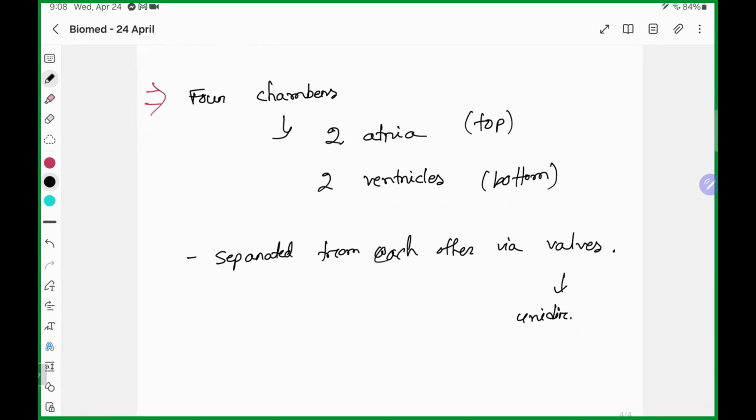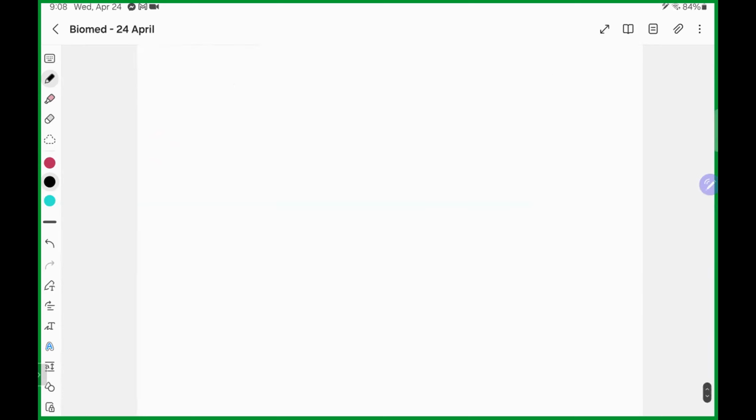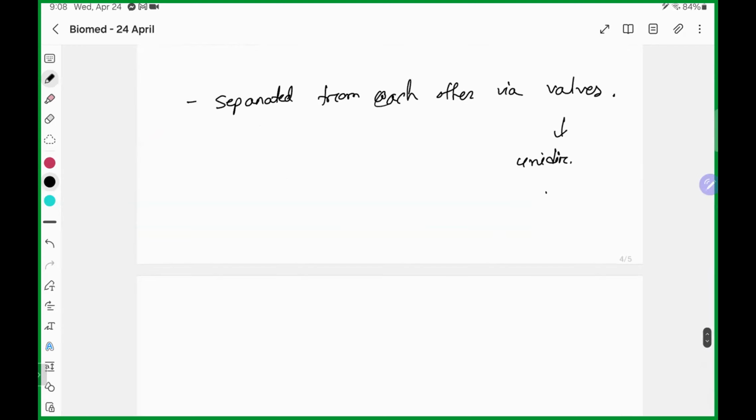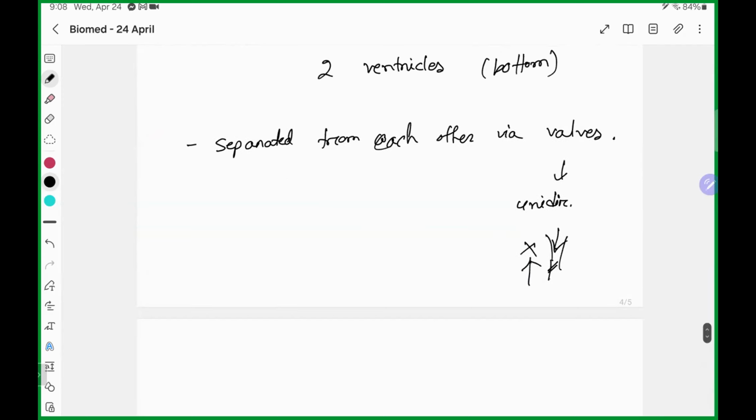They don't allow the blood to flow in the other direction. If there is a valve there, blood can only flow in this direction, and cannot flow in the opposite direction. So these valves allow flow of blood in only one direction.